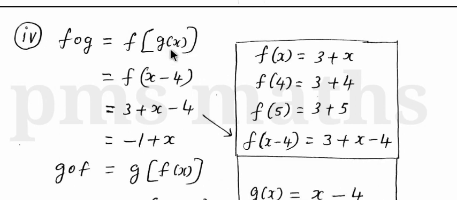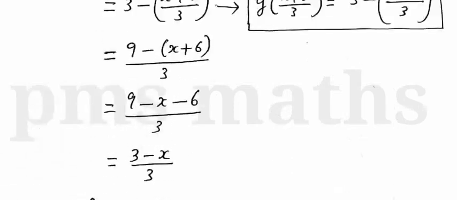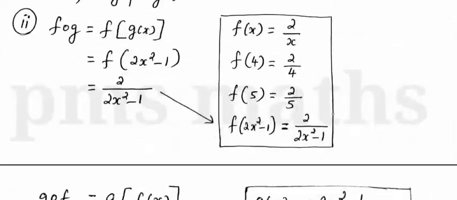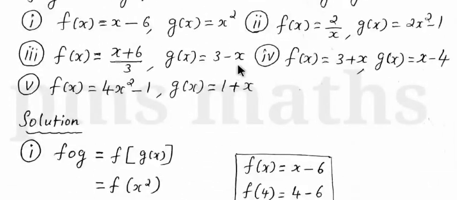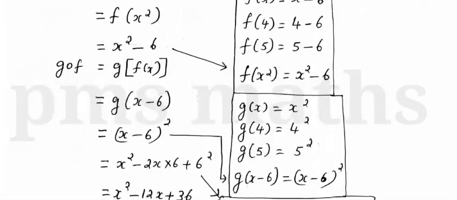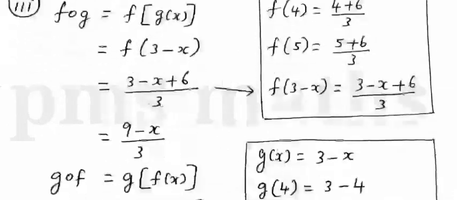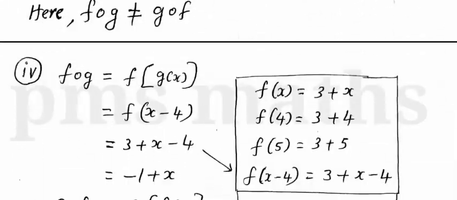Then substitute the value of g of x. In the fourth one, g of x is x minus 4. This value can be substituted instead of g of x. Now this f is f: f of x minus 4.